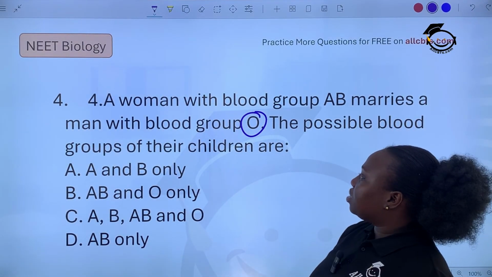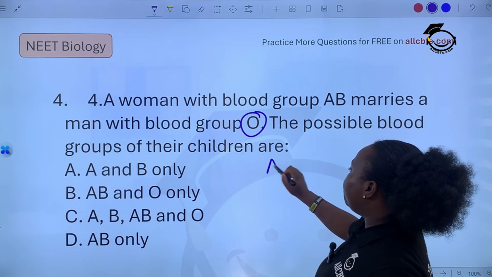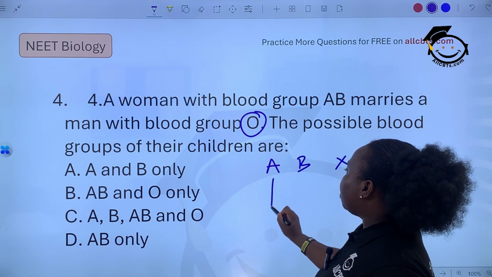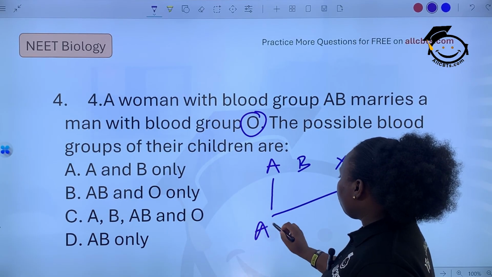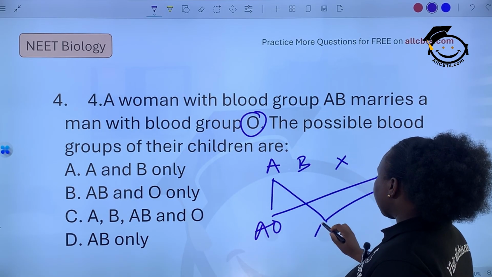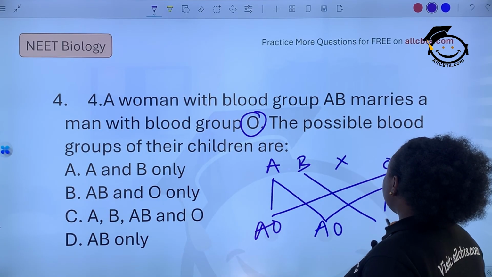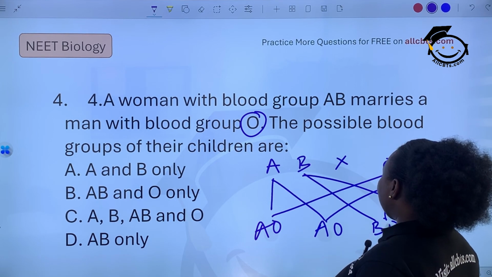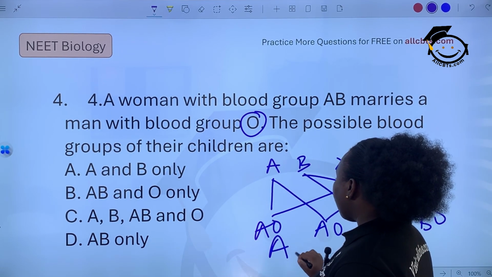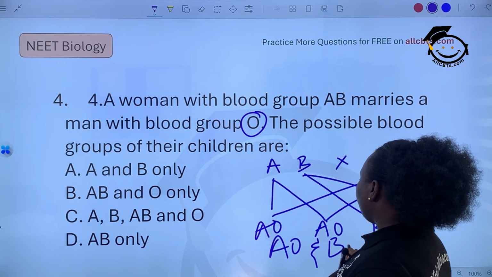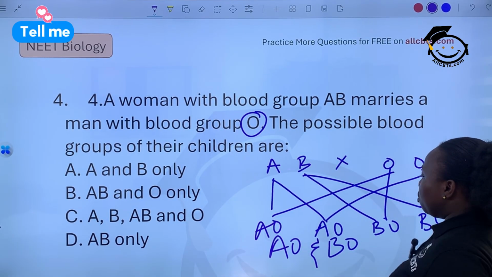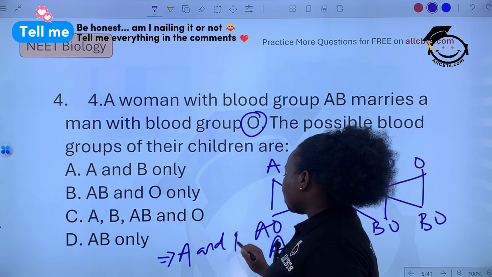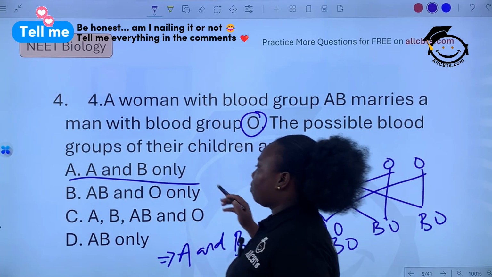Because O is recessive, AB will be crossed with O. Let's cross that together. That is AO, this is another AO, this is BO, this is another BO. So we have AO and BO. Because O is recessive, we can just put it as A and B. That is option A.